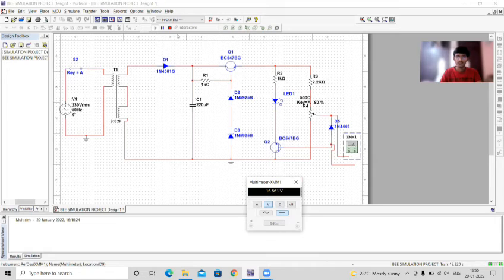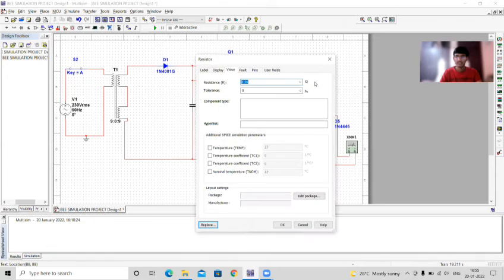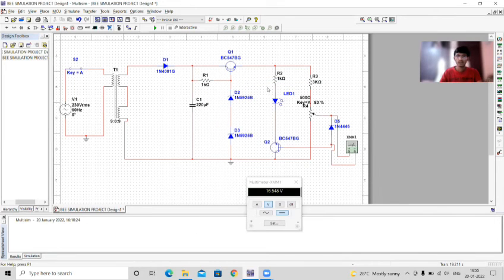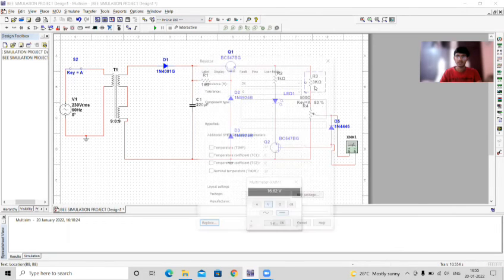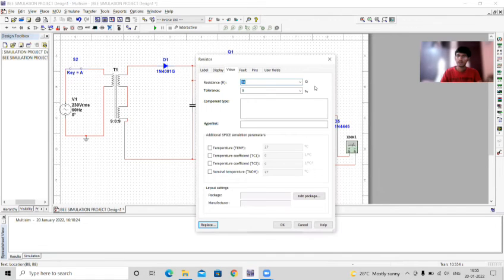Now let's stop this circuit and change the value of resistance. Let's make it 3 kilo ohm. Now let's run the circuit again. As you can see friends, the voltage has increased to 16.9. Now again let's change the value of the resistor. This time let's make it 5 kilo ohm.